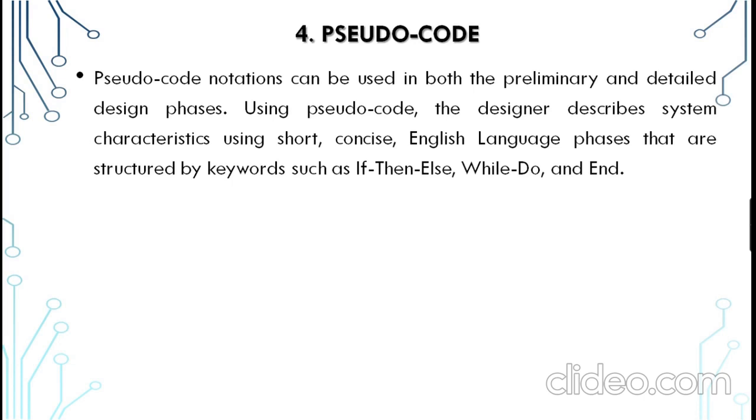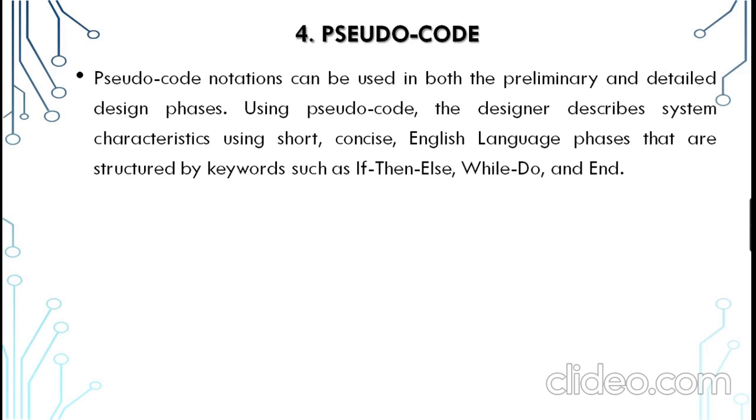So these kinds of words and phrases are used to represent the pseudocode, and it is very useful for both the preliminary and detailed design phases. So the analyst will mention it in the SRS document.